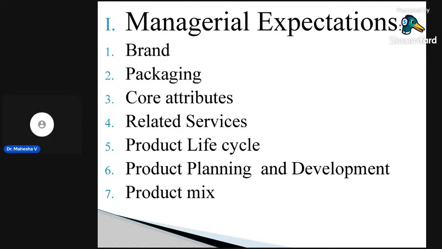Related services: what kind of services do I need to tag with the product, because today service is part and parcel of every business organization. Though your product is a good brand, with good packaging, very qualitative, at less price, still a large number of customers will not buy the product unless it is accompanied by certain related services.